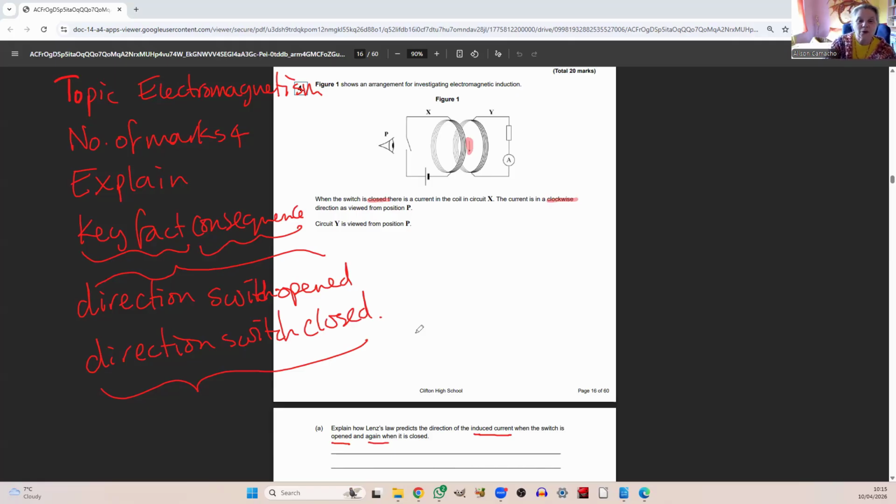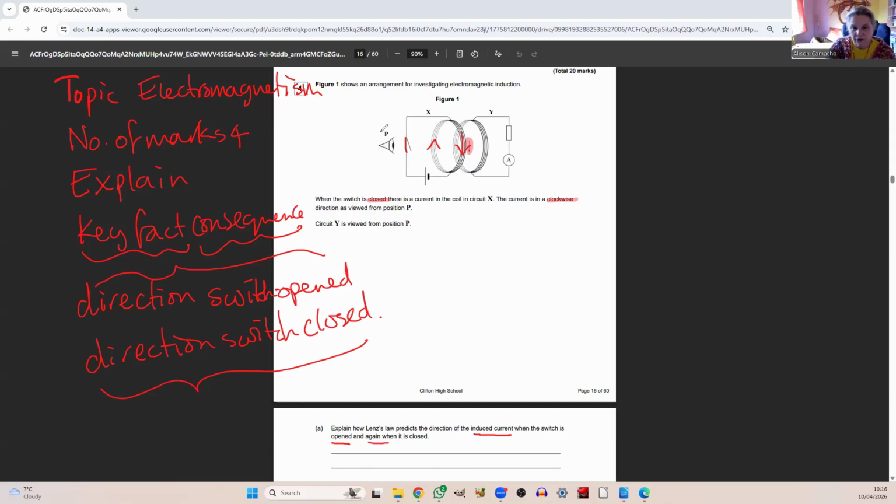Okay, so let's do the reading for meaning now. We're told that when the switch is closed, there is a current in the coil in circuit X. So when this one is closed, there's a current going this way and it goes back up that way, round. It's clockwise.